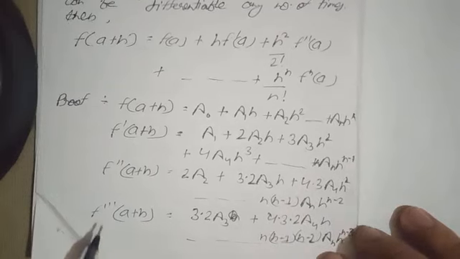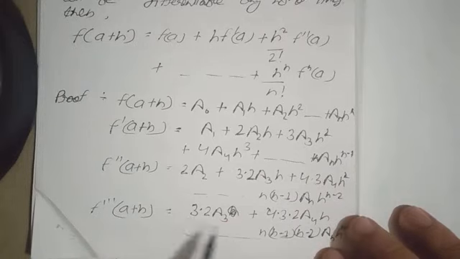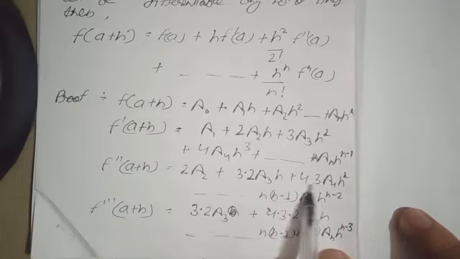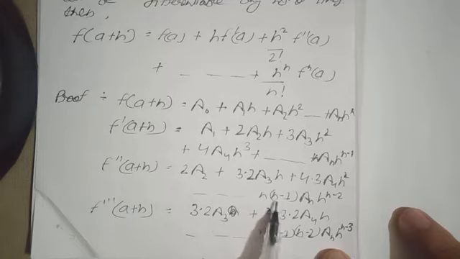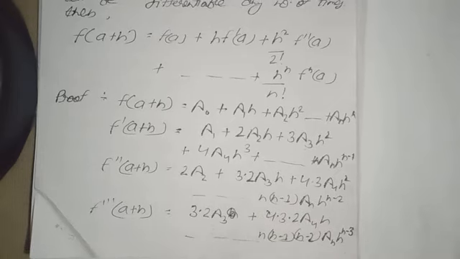Third time differentiation, f triple dash (a+h), so 3 into 2 a3, 4 into 3 into 2 a4 h and so on, n(n-1)(n-2) a_n h^(n-3).